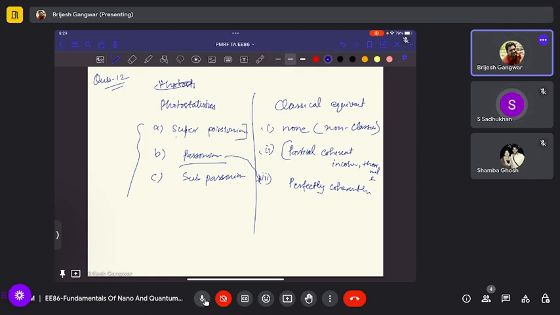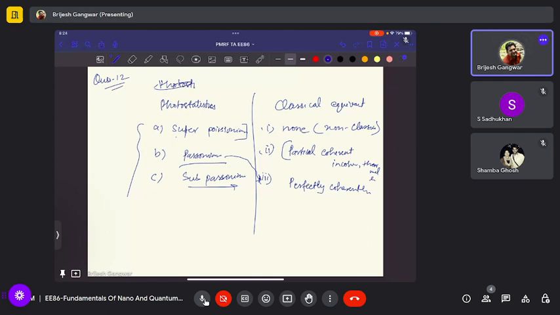Similarly, sub-Poissonian light we can say is non-classical. We are not talking about coherence or non-coherence when we talk about sub-Poissonian light. We can say this is the bridge between classical and quantum, in between.